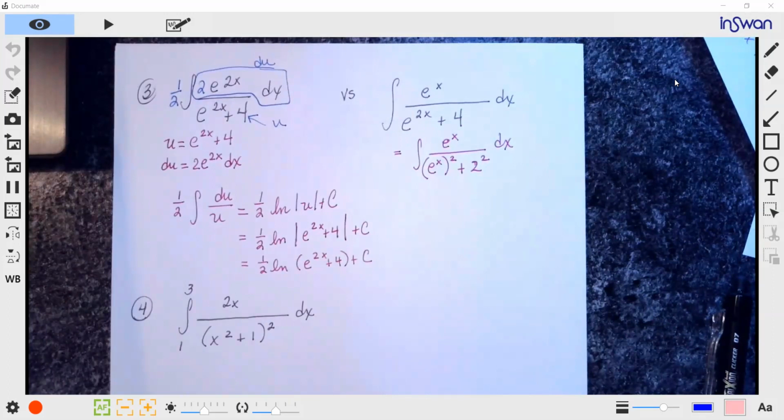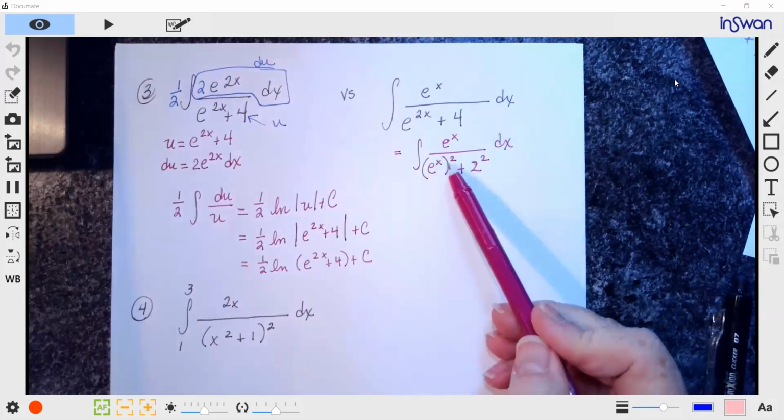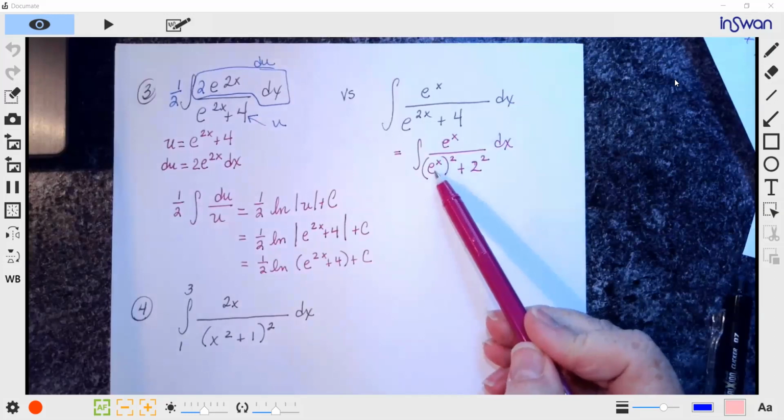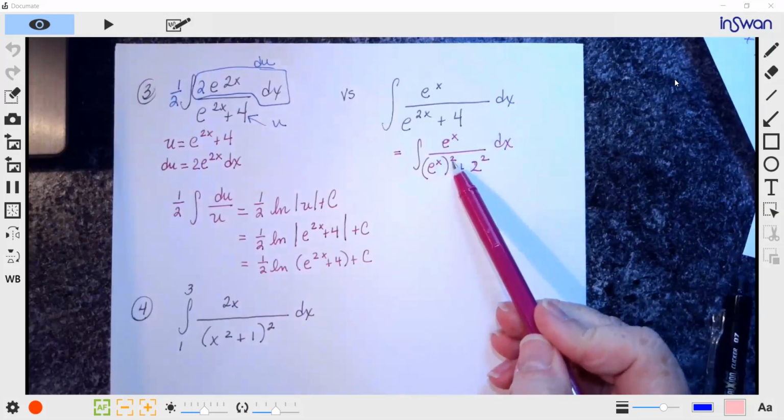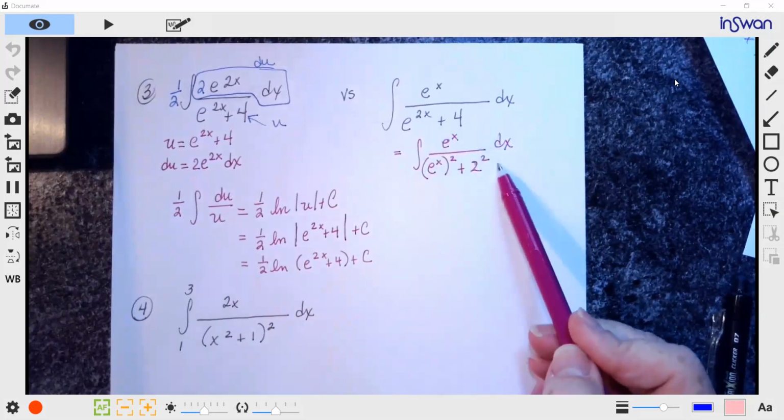Yes. Good. Because remember, when you take a power to a power, you multiply the exponents. So e to the x all squared is e to the x times 2 as the power, so e to the 2x. So these guys are the same, and 4 is 2 squared.